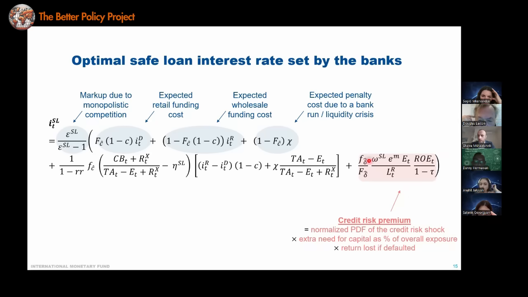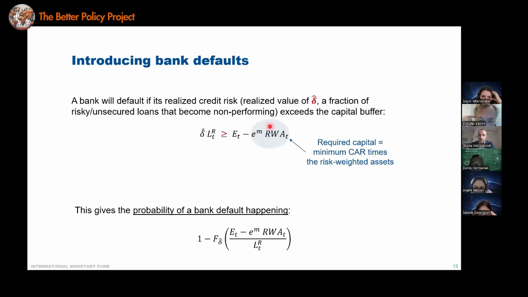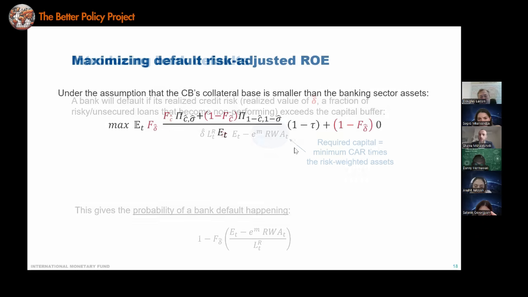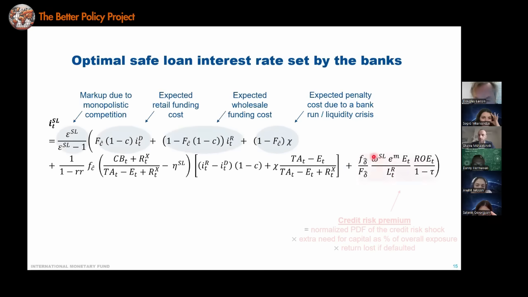And this omega SL, by the way, is the risk weight. You remember that we have these risk-weighted assets, and I probably forgot the equation: risk-weighted assets equal the sum of risk-adjusted assets, and these omegas are risk weights.